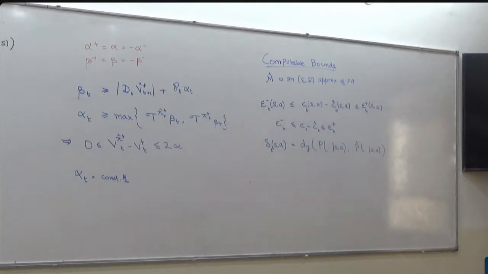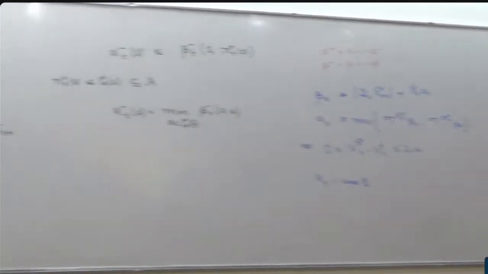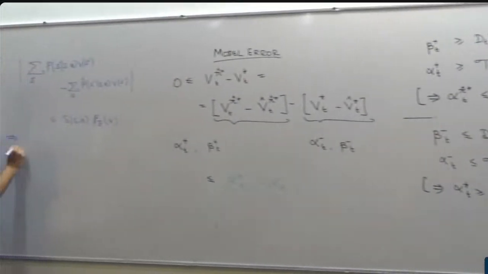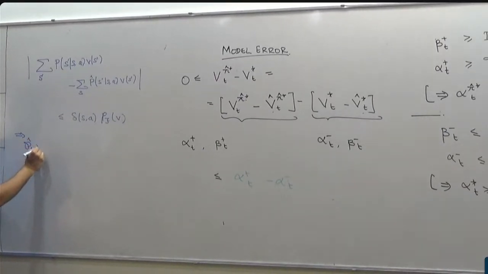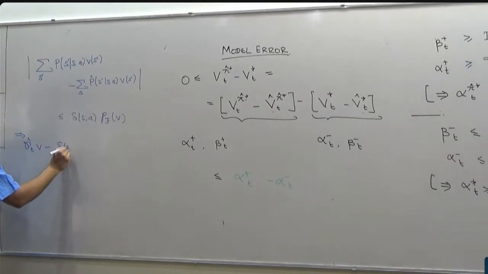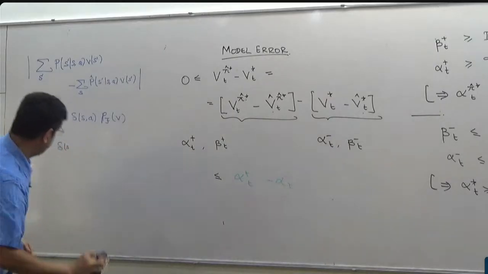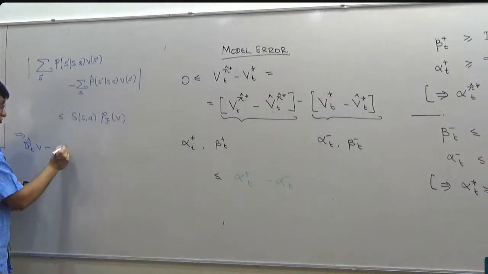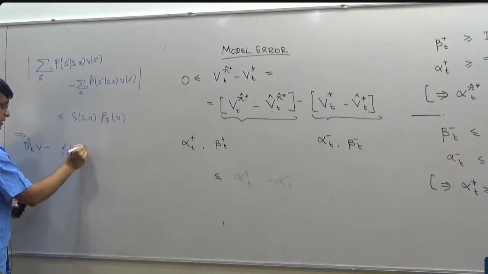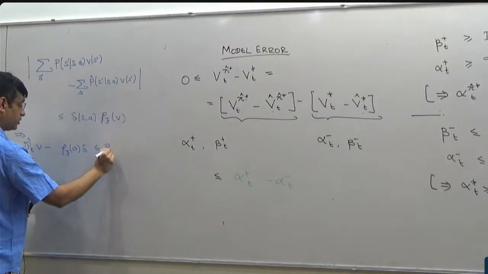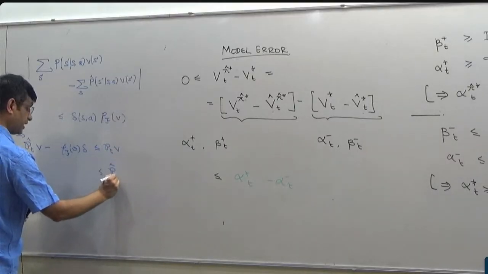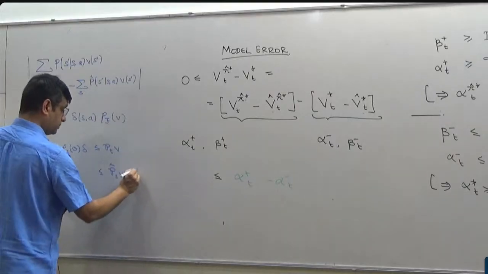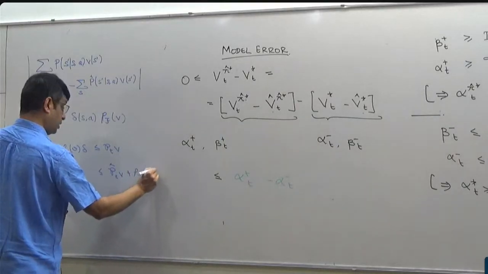So, this means I am going to get, let me write this as P hat T applied to V minus rho f of V multiplied by delta is less than or equal to P T of V is less than or equal to P hat T of V plus rho f of V applied to delta.